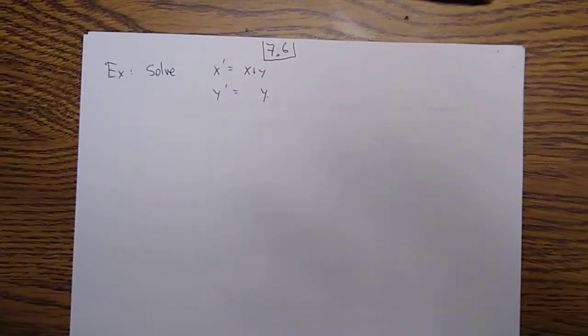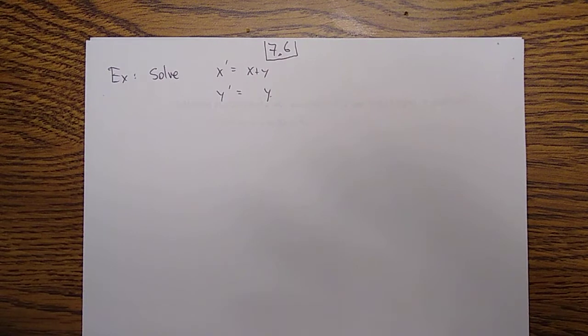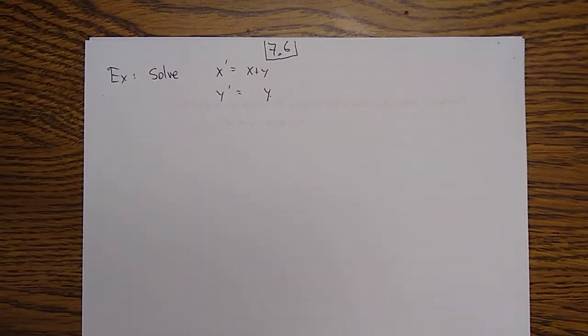Okay, so let me talk a little bit about 7.6. This is the section where we talk about what happens with these linear systems of differential equations that we've been talking about that we solve with eigenvalues and eigenvectors.